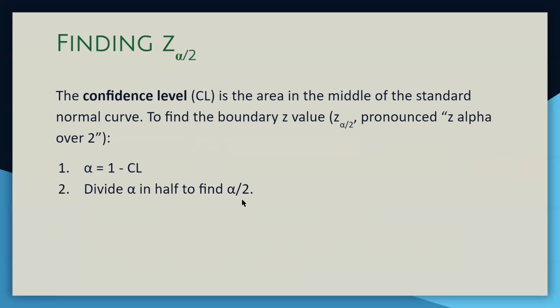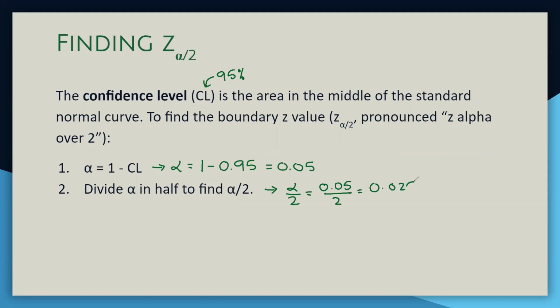So for example, in that previous slide, our confidence level was 95%. So we knew that this was 95%. So when I come to find alpha, alpha is going to be 1 minus 0.95, which is 0.05. And then when I get to step 2, I'm going to take that alpha and divide it by 2. 0.05 over 2 is going to be 0.025.